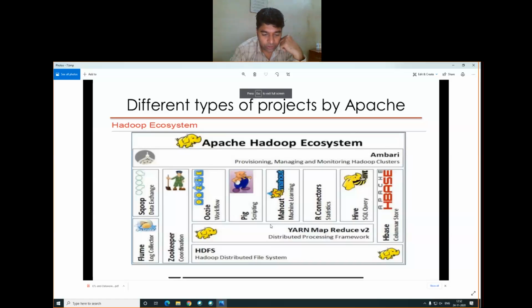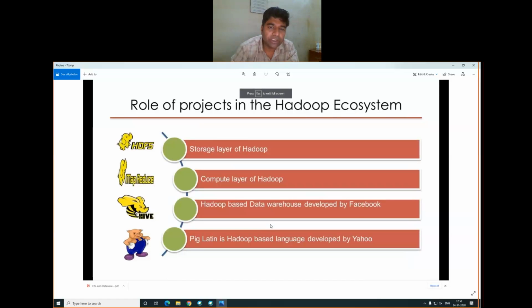From this slide you can easily get all the details of all the components of the Hadoop ecosystem. I just summarized in that particular diagram the role of each component. HDFS, we know, is the storage layer of Hadoop, which I discussed earlier in the previous class.